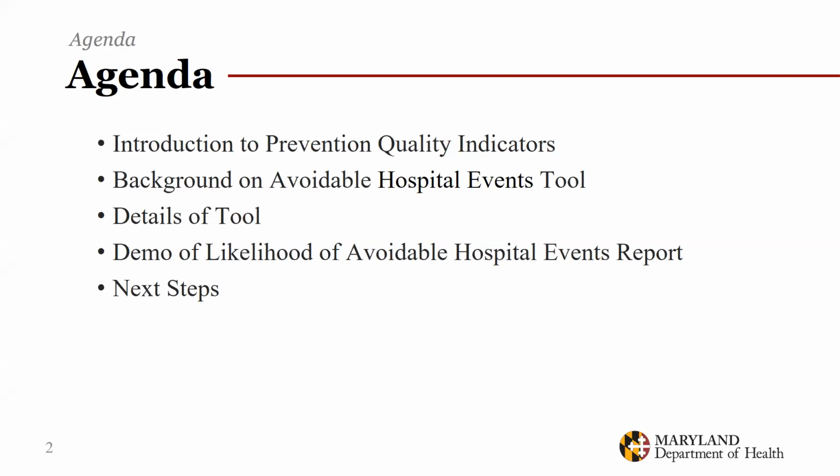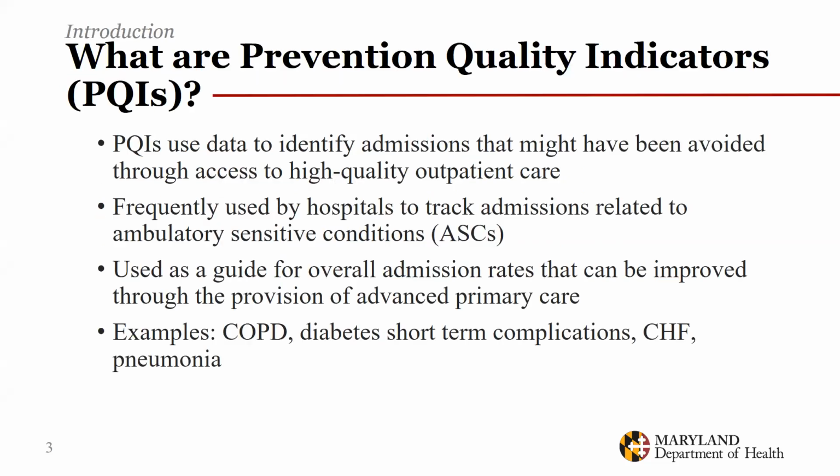So let's begin. Many of you will be caught short in saying, what is a prevention quality indicator, or PQI? This is really something that's been around for a long time in the healthcare world. It's been predominantly focused on hospitals, and it's a quality measure of sorts that's used to identify admissions to hospitals that may have been avoided through the intervention of high quality outpatient care.